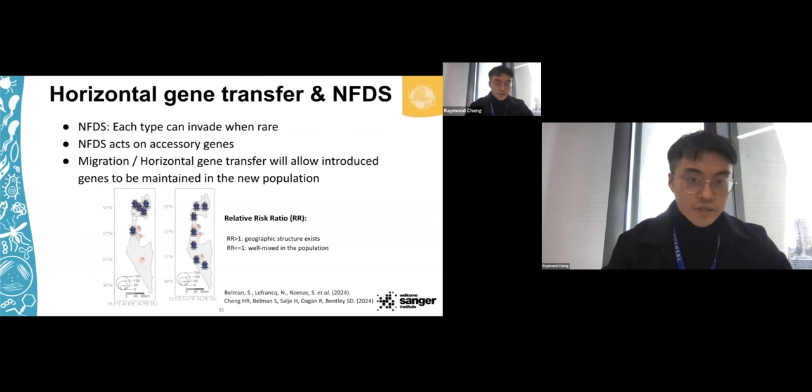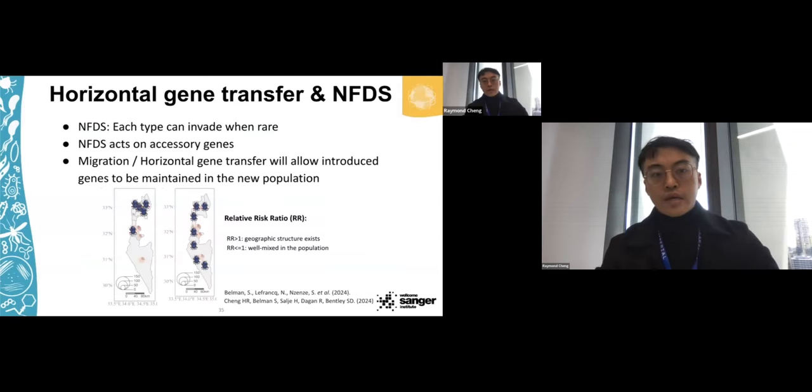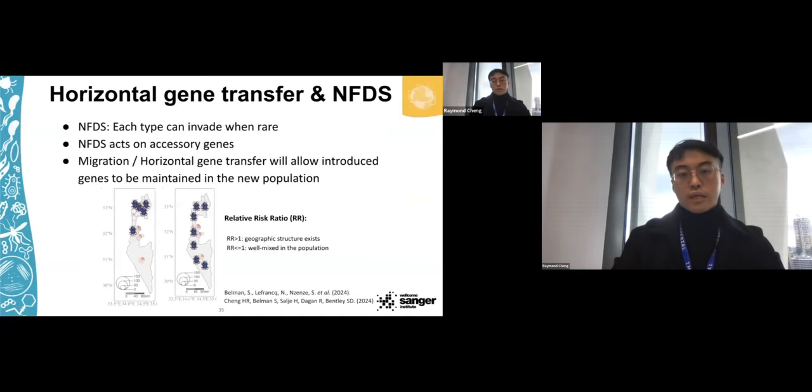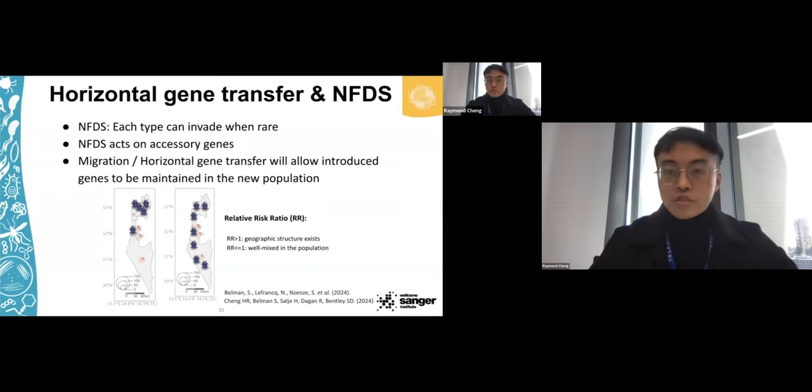So now we are thinking about recombination and horizontal gene transfer. And NFDS tells us that each type can invade when they are rare. And NFDS actually acts on accessory genes. So let us think about a migration event or horizontal gene transfer event into a new population. Horizontal gene transfer will allow introduced genes to be maintained in a new population because of the NFDS.